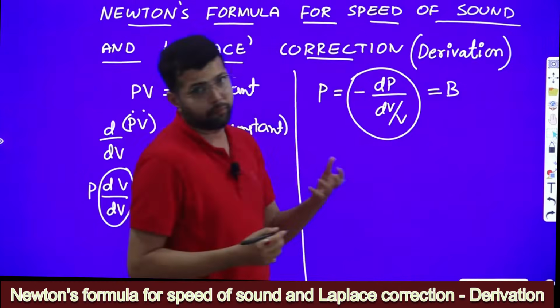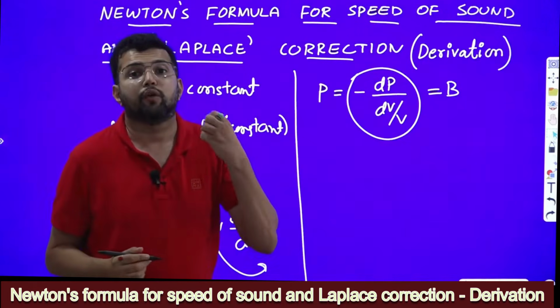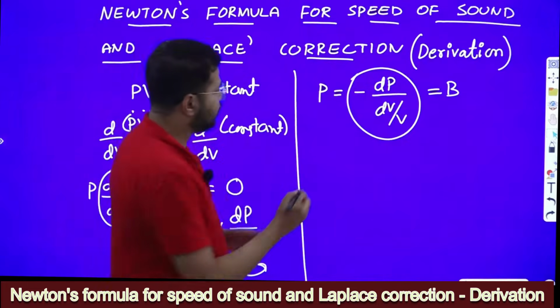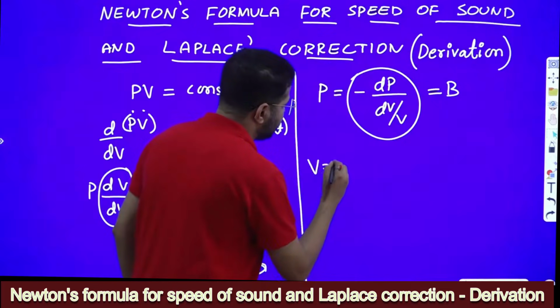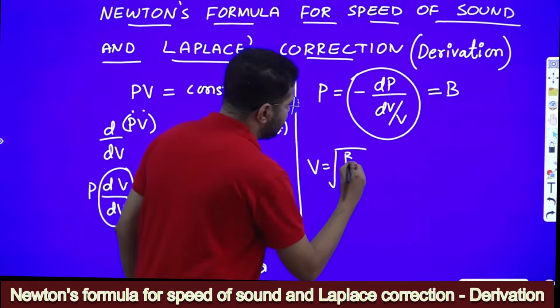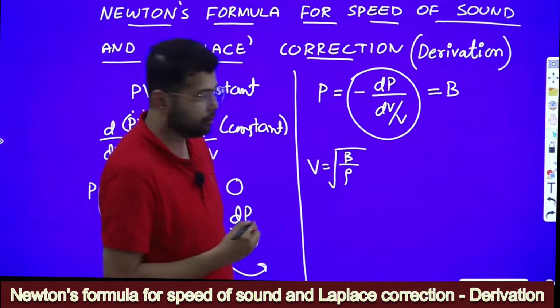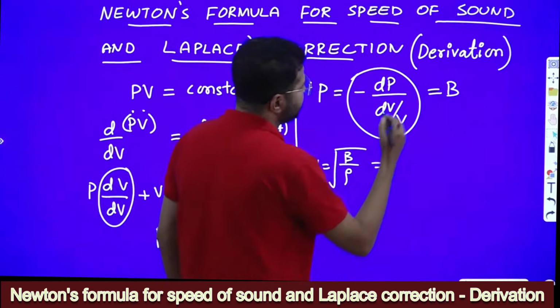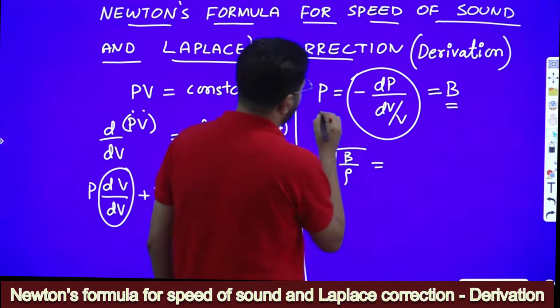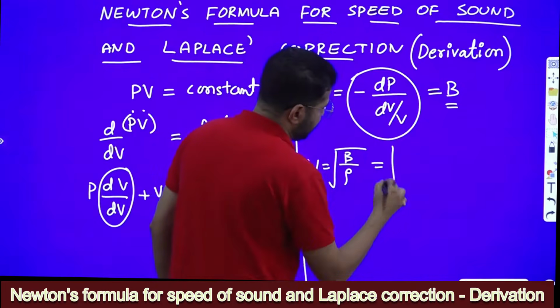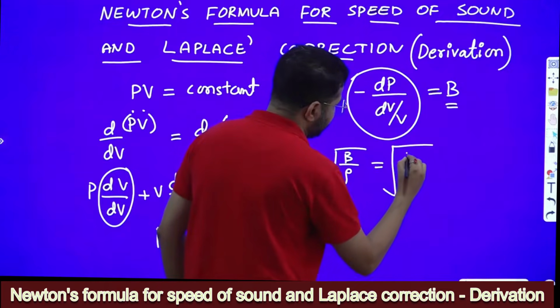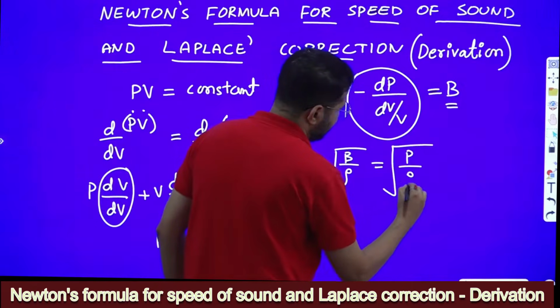In general, the equation for velocity of sound is V equal to square root of bulk modulus divided by density. In this case, we have proved that bulk modulus is equal to pressure, so V is equal to square root of pressure divided by density.